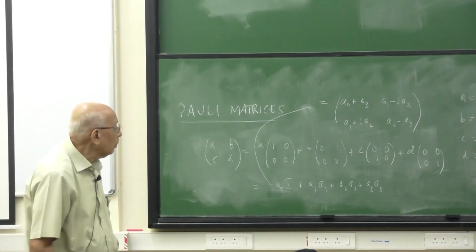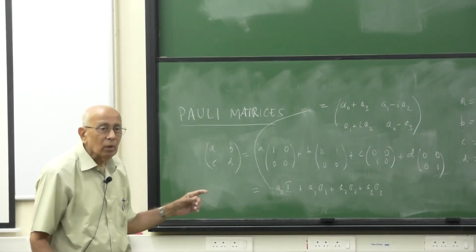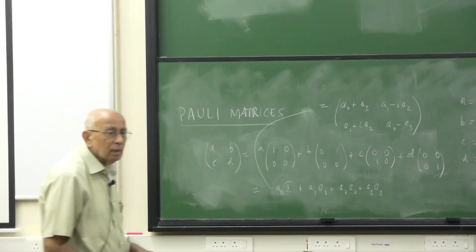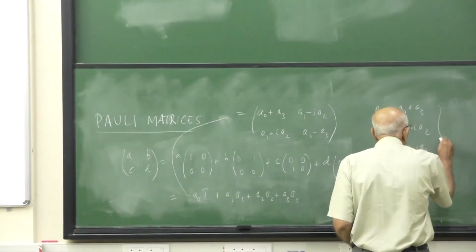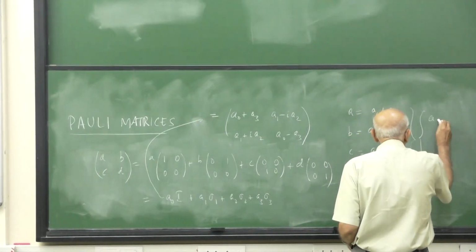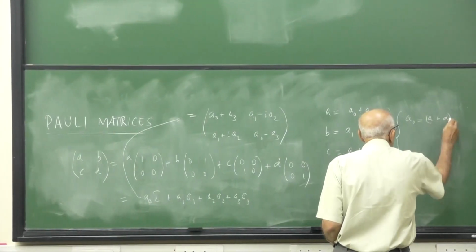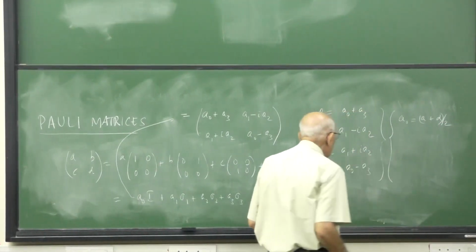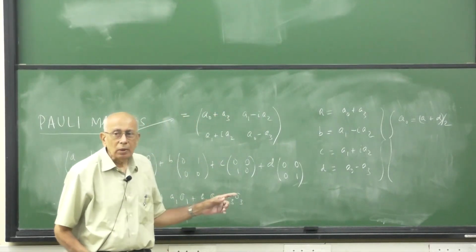Do you agree that if you give me A, B, C, D, I can find A0, A1, A2, A3? What are the equations? A plus D over 2 is A0.